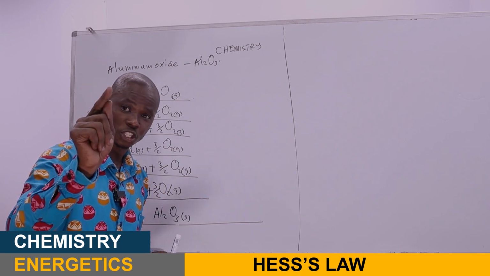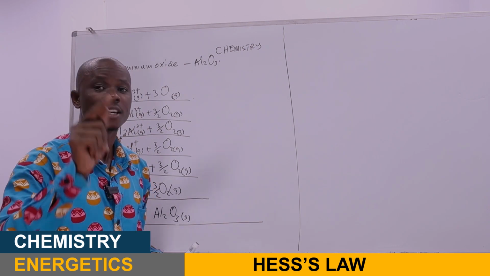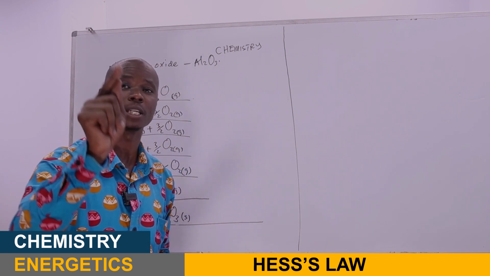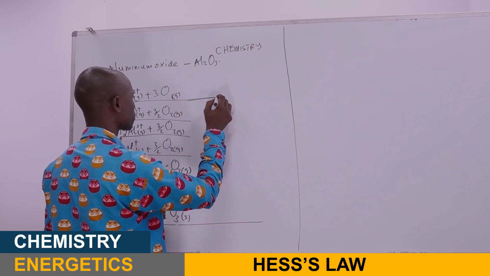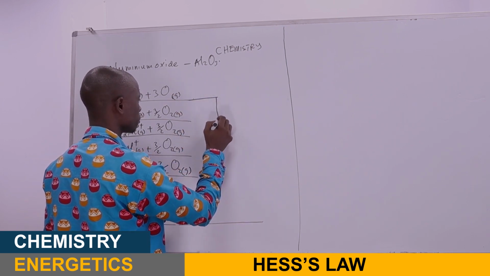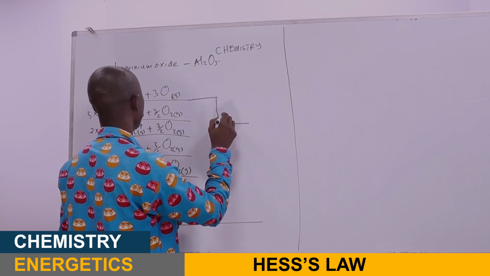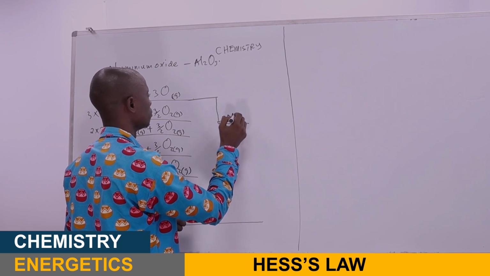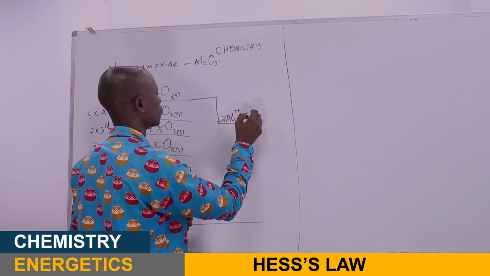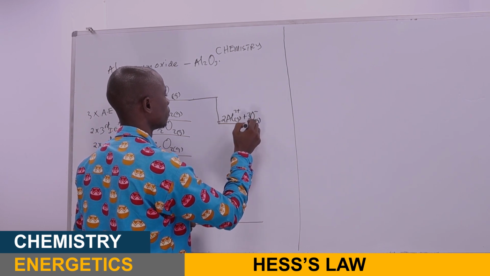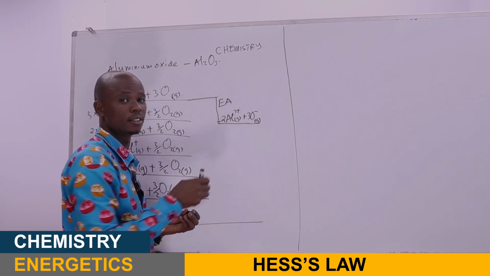Now, when the first electron is added to a gaseous atom of oxygen, that process is purely exothermic. So the arrow will go downward. Here you have aluminium. So this is electron affinity.